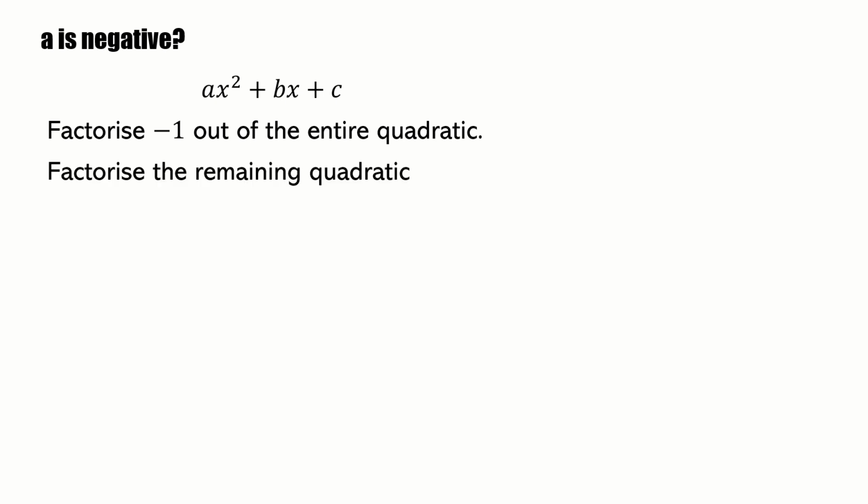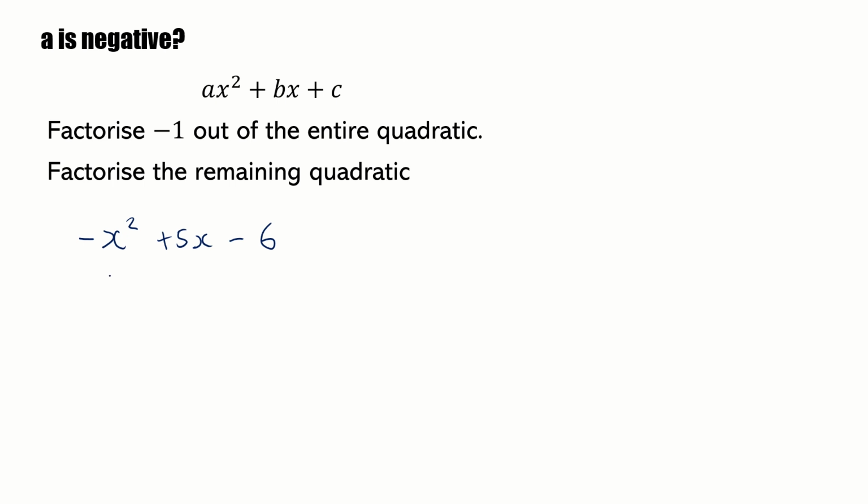And then whatever quadratic we're left with after doing that initial factorization will just be a quadratic that will now have a positive value of a in front, allowing us to just treat it like normal, which will make life a lot easier. So for instance, what happens if we've got the example minus x squared plus 5x minus 6? We note, of course, because there's that minus sign in front, it's effectively like we've got minus 1 lots of x squared.